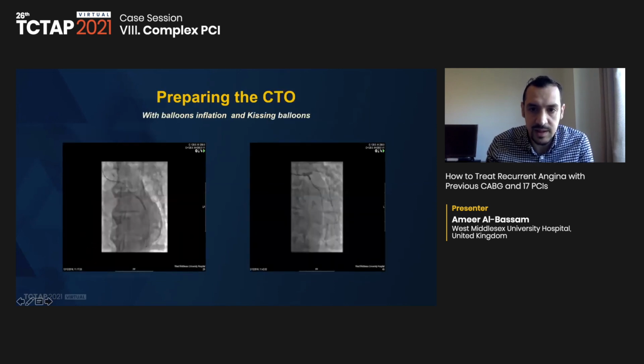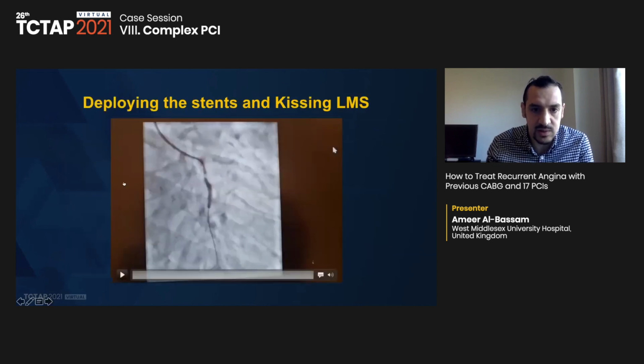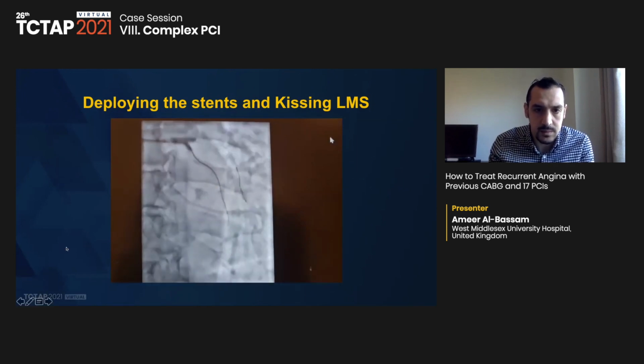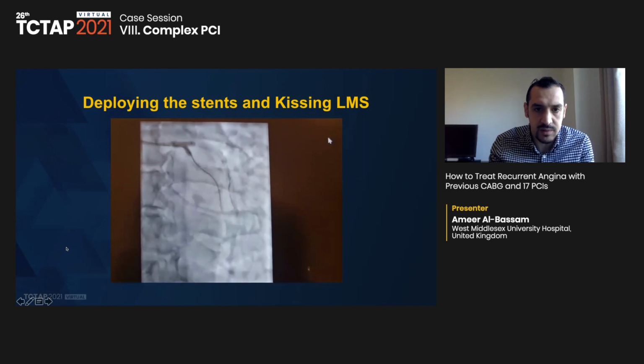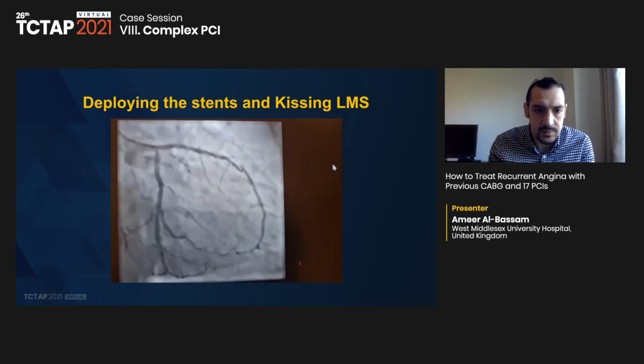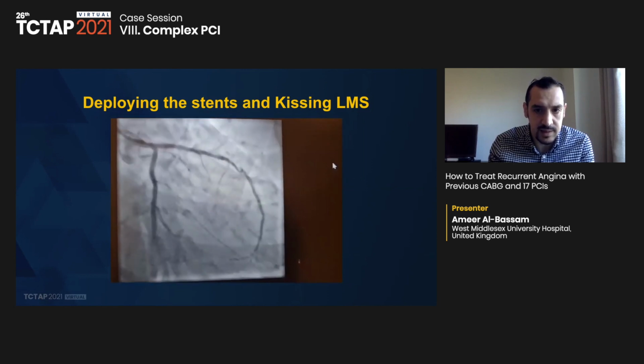And then we prepare the lesion, and then we did a kissing balloon. Finally, we use also Guideliner to support us just to deploy the stent. And also we optimized it with kissing balloons. And this is the final result.